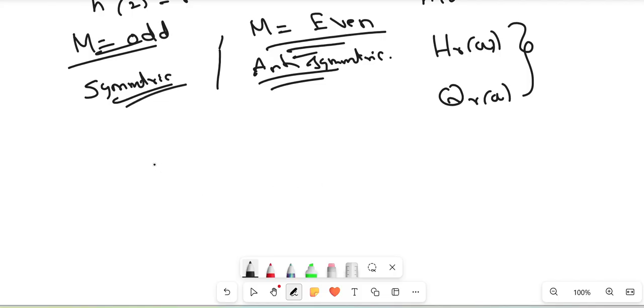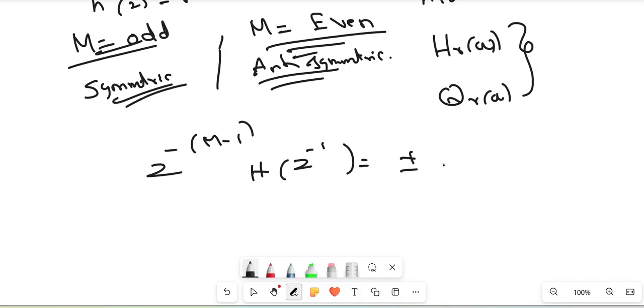Here, if you substitute z inverse and multiply both sides by z to the power minus M minus 1, you can write z inverse to the power M minus 1 times H of z inverse equal to plus or minus H of z also.